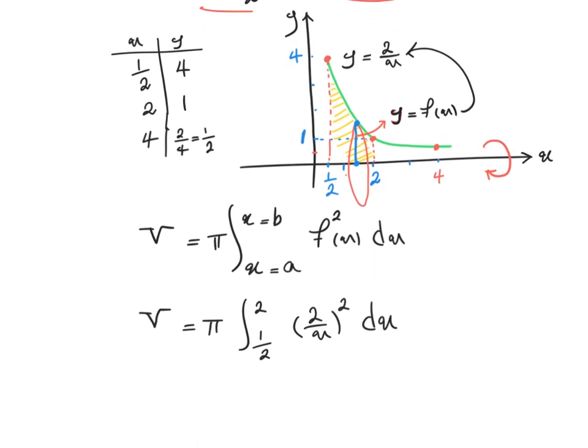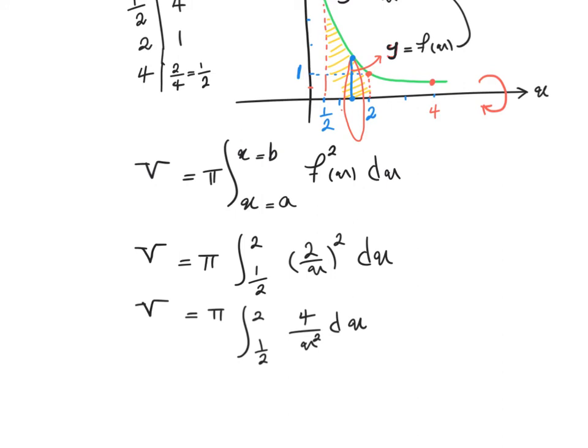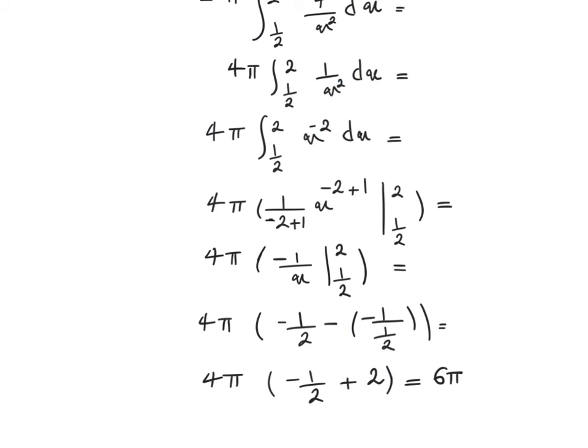Now the rest is just calculating the volume and using the fundamental theorem to calculate that. So V will be pi integral from 1 over 2 to 2 of 4 over x squared dx.